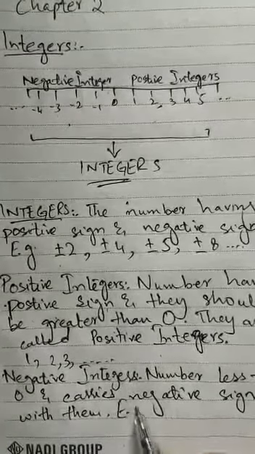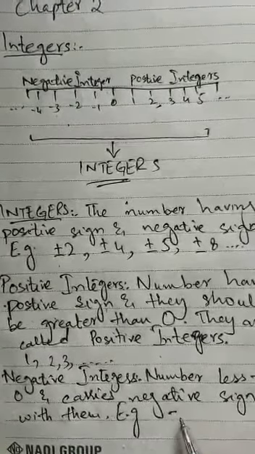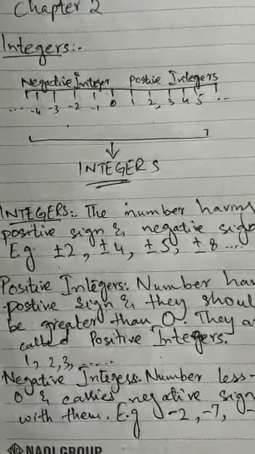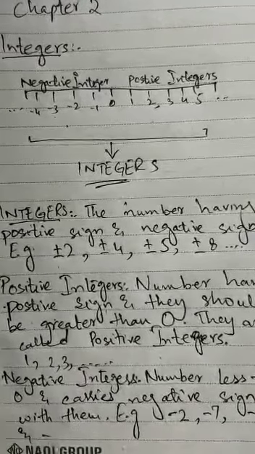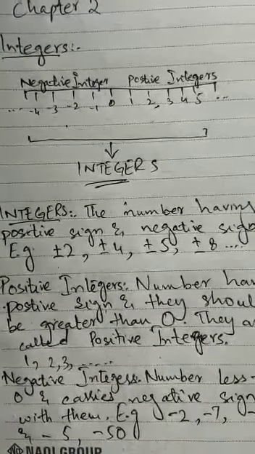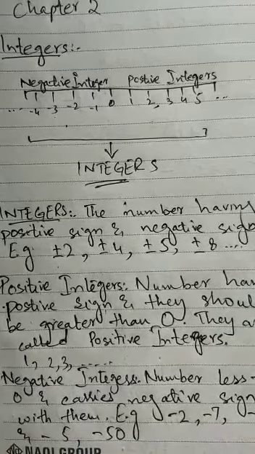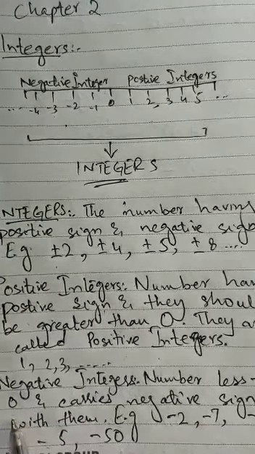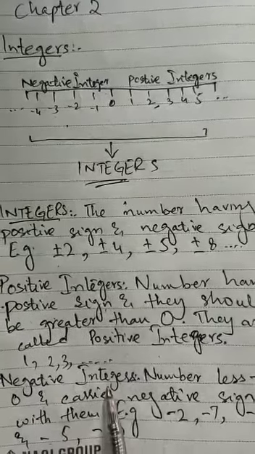Examples: -2, -7, -21, -5, -50. So whenever the numbers carry a negative sign with them and are less than 0, it's a negative integer.